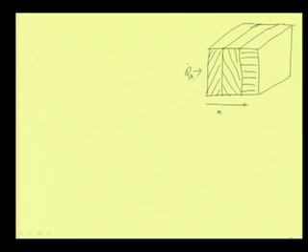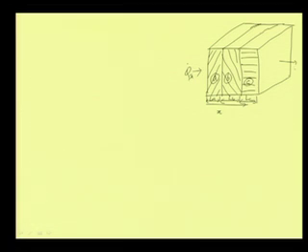This is A, this is B, and this is C, and say this distance is LA, this is LB, and this is LC, and this is the heat transfer out.